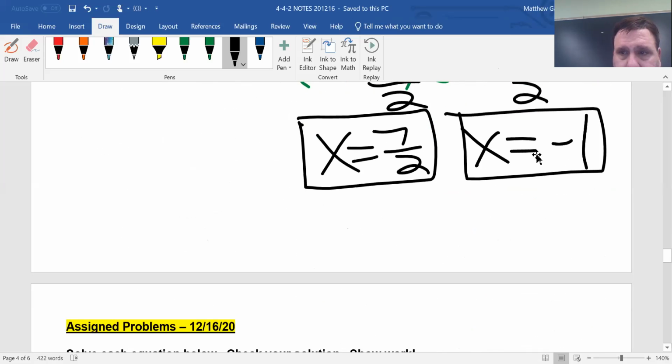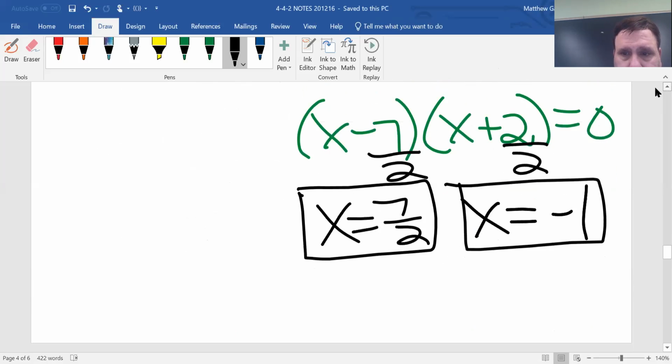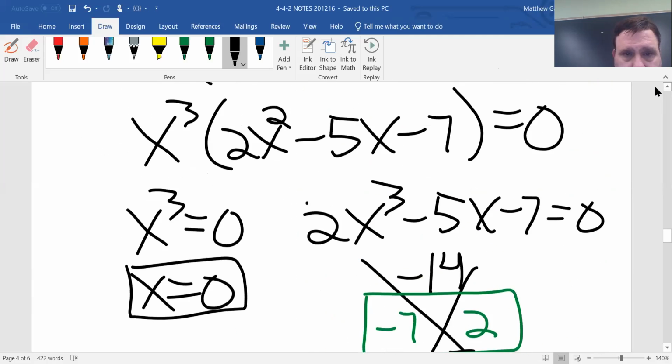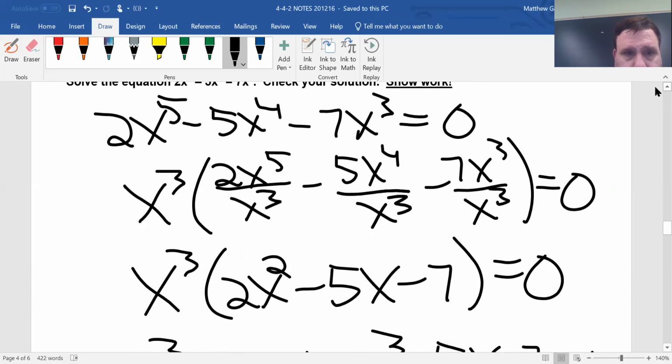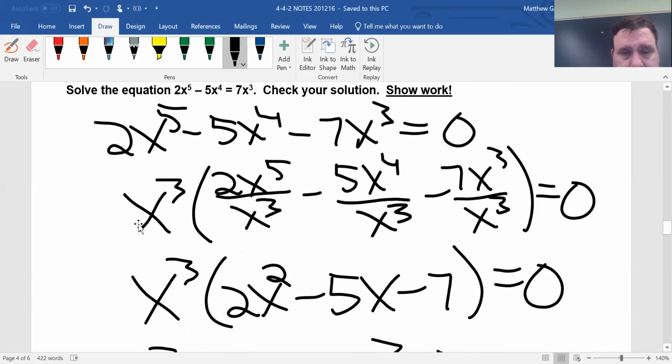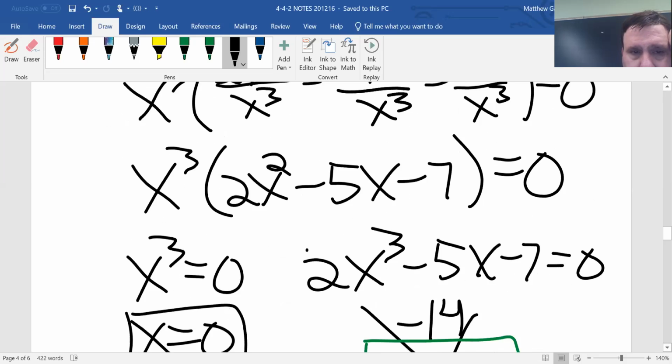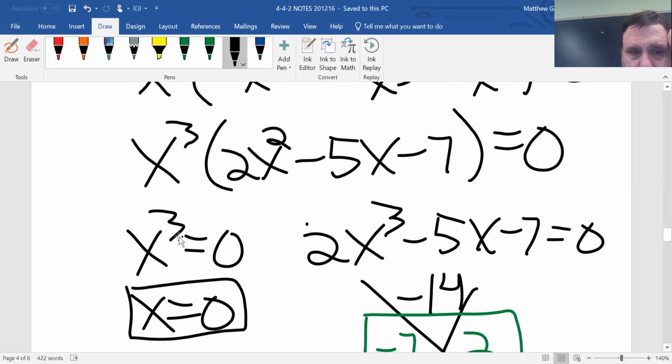The solutions should be 3.5, 7 over 2, negative 1, and 0. Your greatest common factor is x cubed. This one you have to set equal to 0, so that 7 is negative. We divide all the terms by x cubed and get 2x squared minus 5x minus 7. The monomial x cubed equals 0, so x is 0.